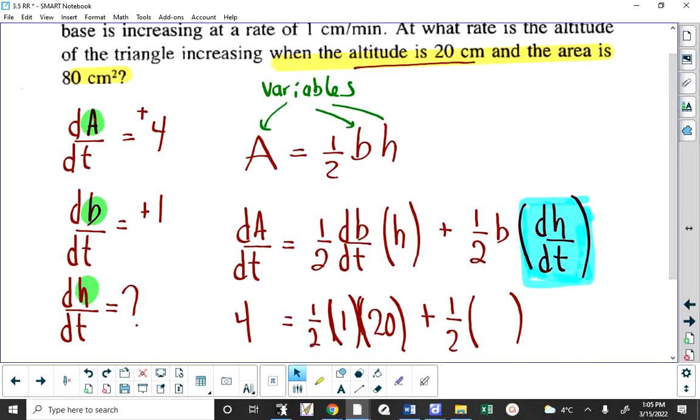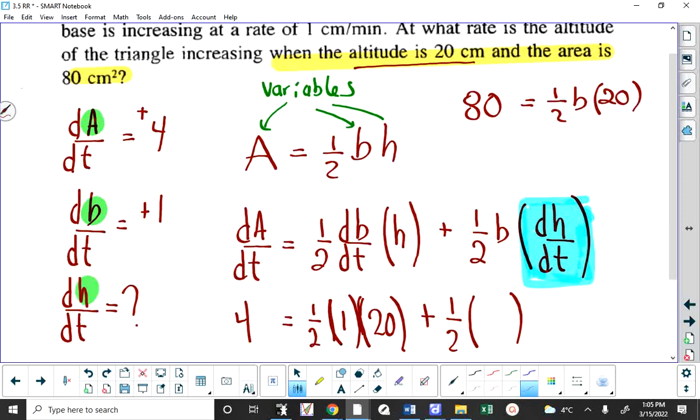But we have this equation of A equals 1/2 BH, and you're told the area is 80, and 80 equals 1/2 the base times the height. The height is 20.